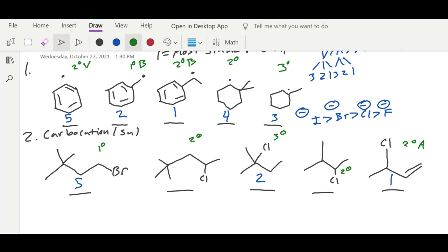Same stability. Okay, but if this rearranges, I can either go to a primary or I can go to a tertiary. See that tertiary carbon right there? It can do a hydride shift, switch with this carbocation, and then the chlorine can come in, or the nucleophile can come in and attack. Okay, so this is a secondary, but it's a secondary that goes to a tertiary through a hydride shift.